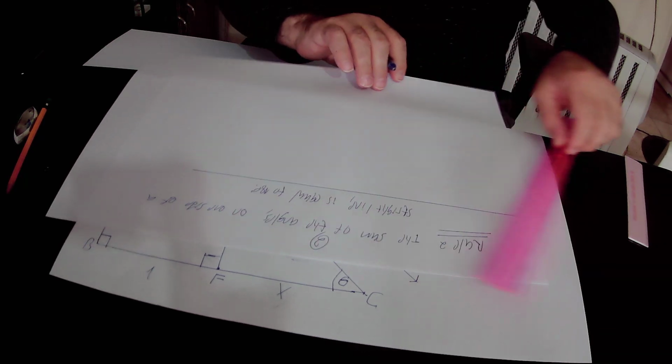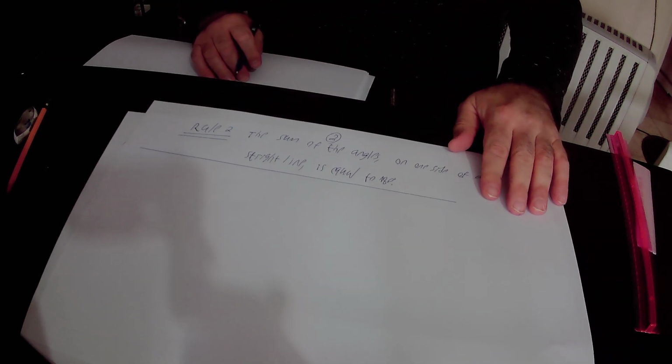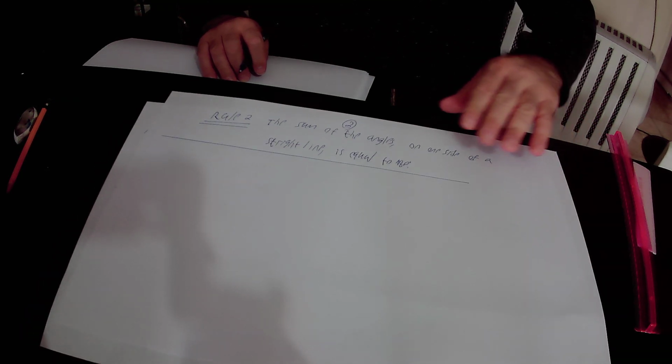I will read rule number 2 again. According to rule number 2, the sum of the angles on one side of a straight line is equal to 180 degrees.